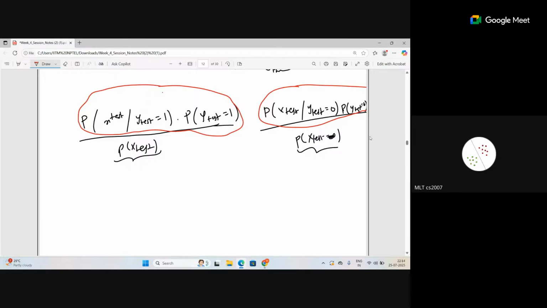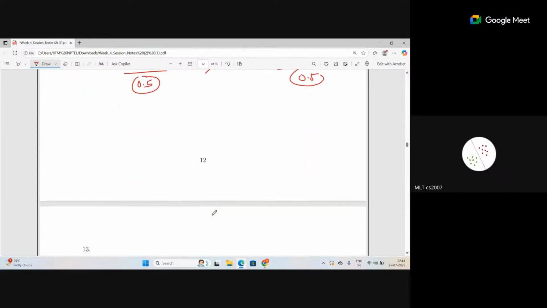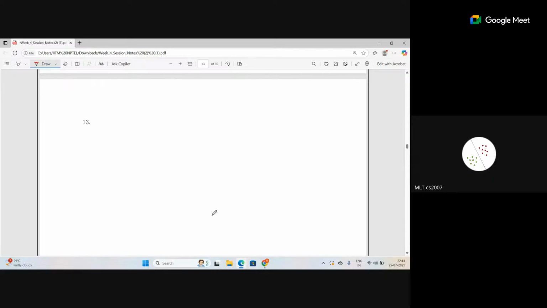Let's say we are talking about probability, and the probability of x test is 0.5. Here also it will be 0.5 in the denominator. Let's say the numerator above is 0.3 and here it is 0.2, which is greater? Just a comparison. So do I need to divide? No, only the numerator part will work. If I find the numerator probabilities, that is okay.